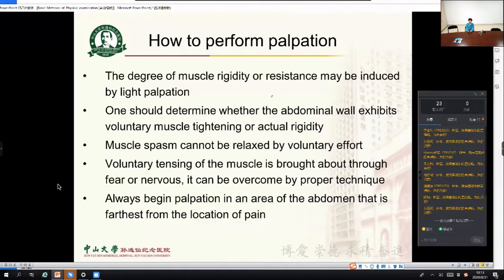If the patient has abdominal pain at the lower right quadrant, then we should start the palpation from the upper left quadrant of the abdomen. The farthest part from the pain will relax the patient's fear and nervousness and will not induce muscle rigidity.